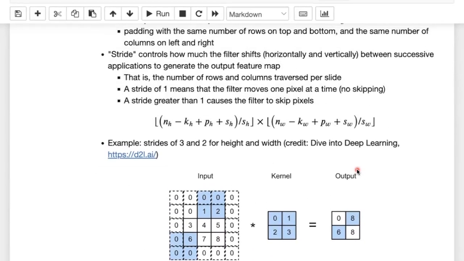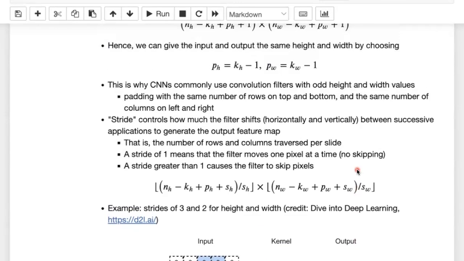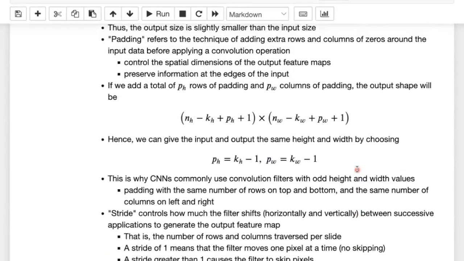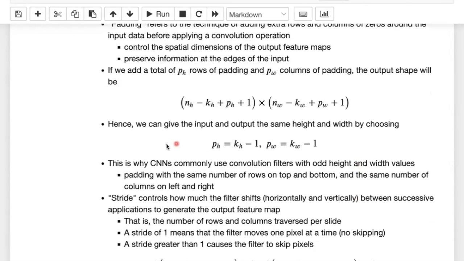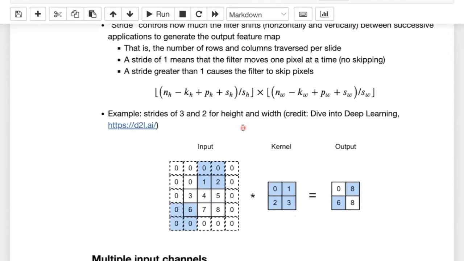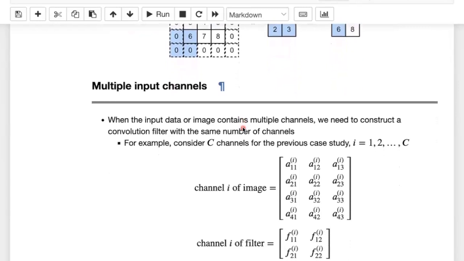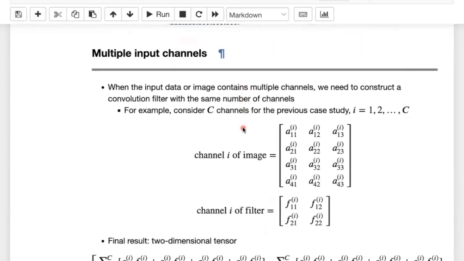After talking about these important parameters, including the kernel width and height, padding and stride, and how that will impact the size of the output, now we can talk about cases where the input has more than one channel, right?